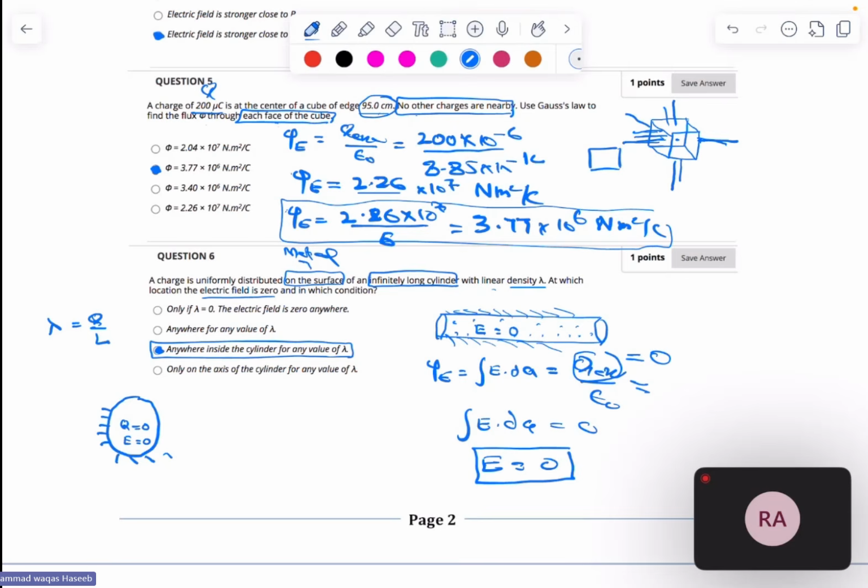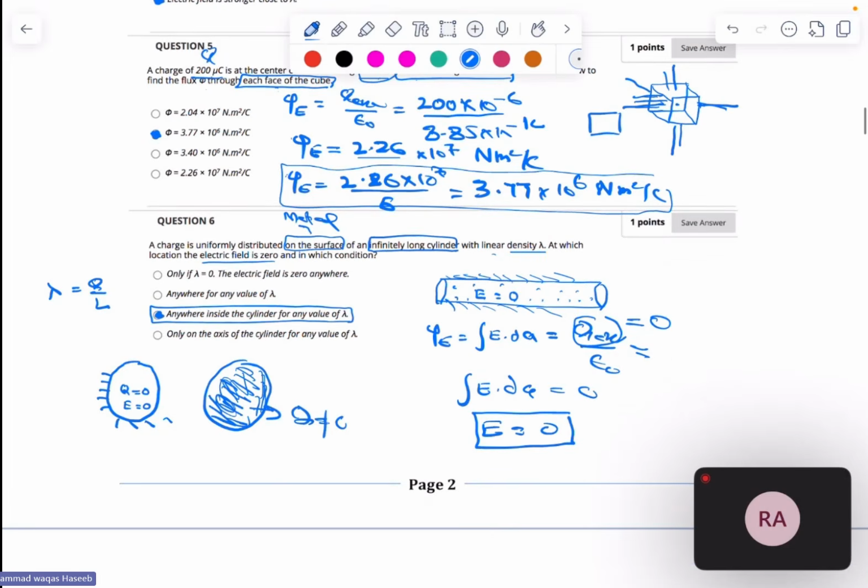If we are talking about a sphere which is filled like a hard ball, then the charge is not equal to zero. If it is a surface, a hollow sphere, and hollow means empty inside, then the charge inside is zero and the electric field is zero.